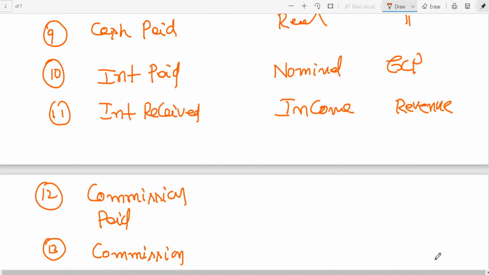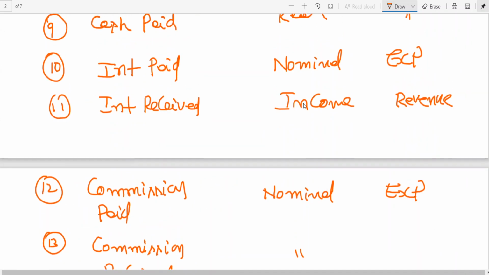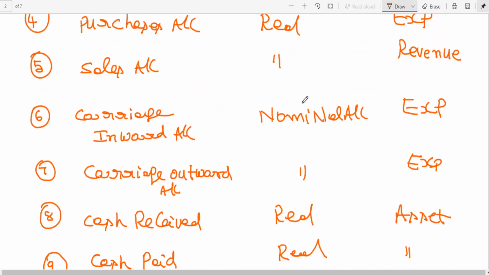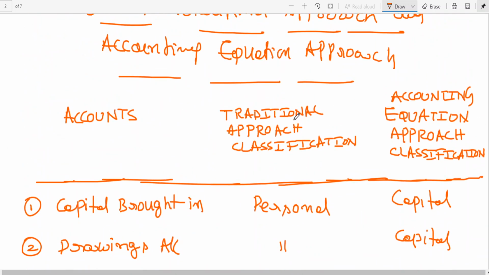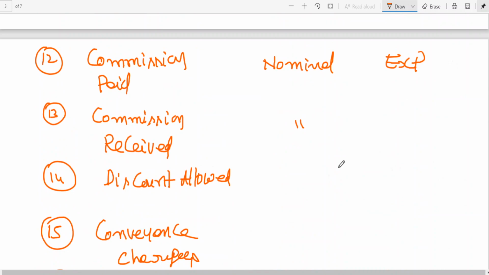Then commission paid, nominal account. It is expense. Commission received is also nominal. Nominal account is all expenses and losses. Real account is all assets. Personal account is natural person, artificial representative. We have discussed in the last class. Commission received, income.